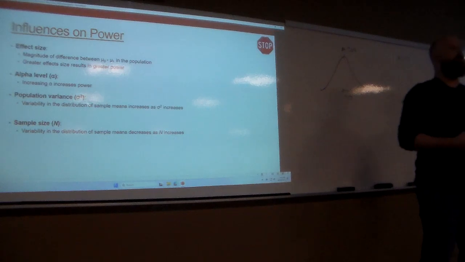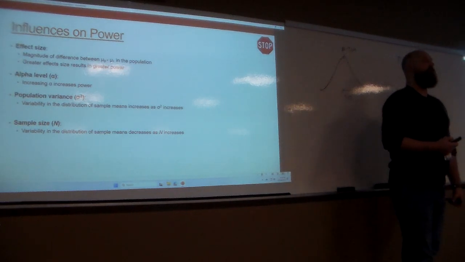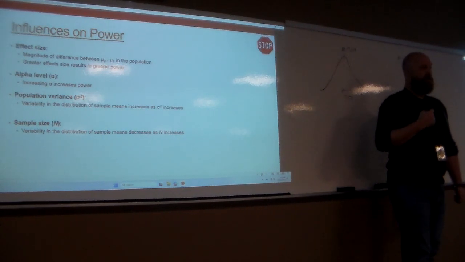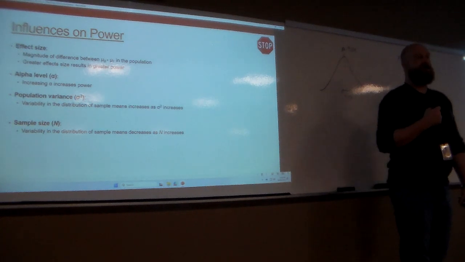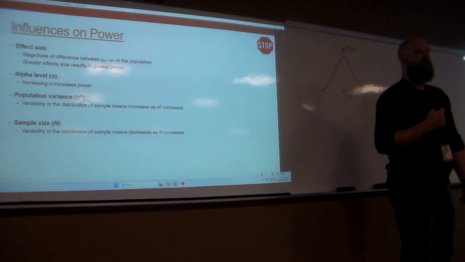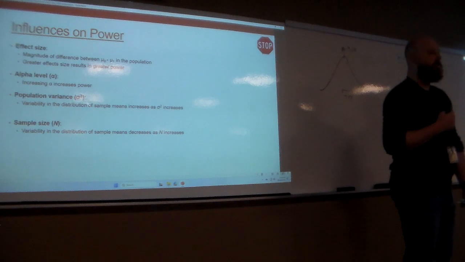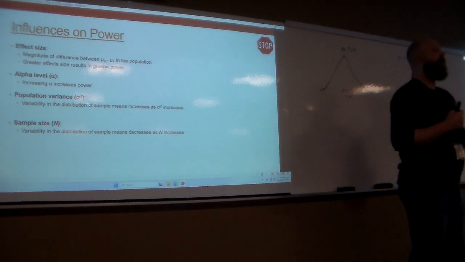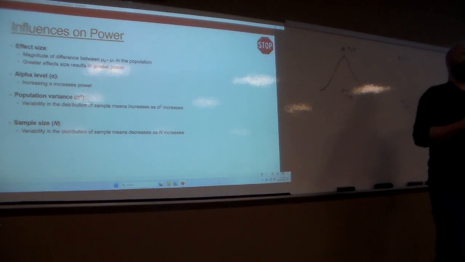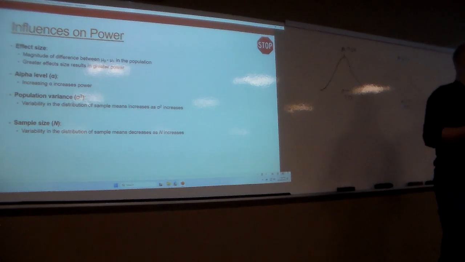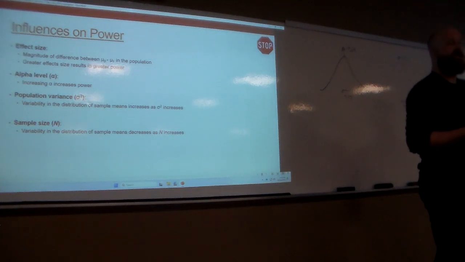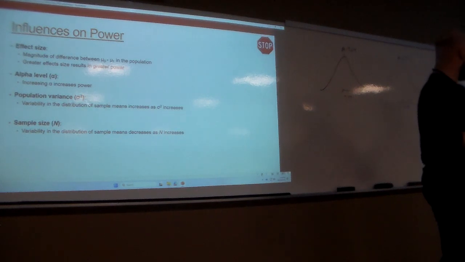Think about this as: am I trying to find a penny in a field, or am I trying to find a boulder in the field? One of those is going to be much easier to detect, with much less effort. So if I'm looking at really big effects, the time and resources are going to be smaller. If I'm looking for something that's very subtle, it's going to take more work, I'm going to need more resources, I'm going to need more precision, okay?